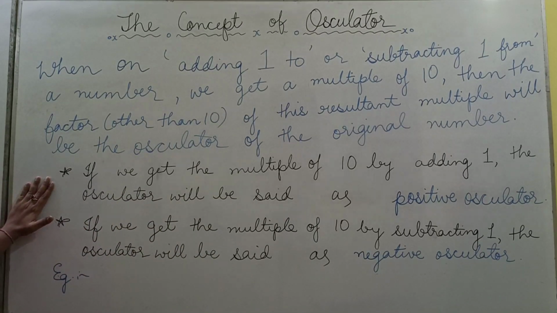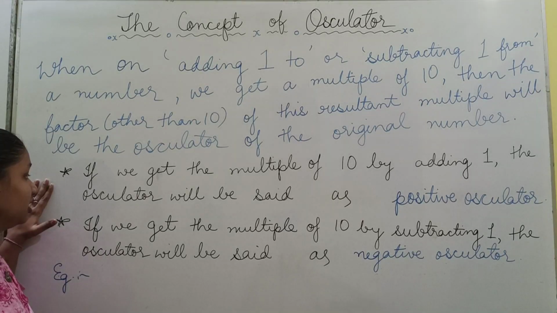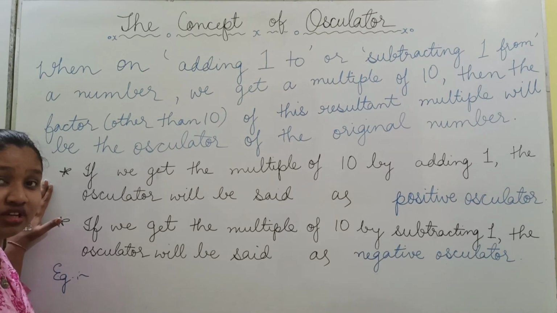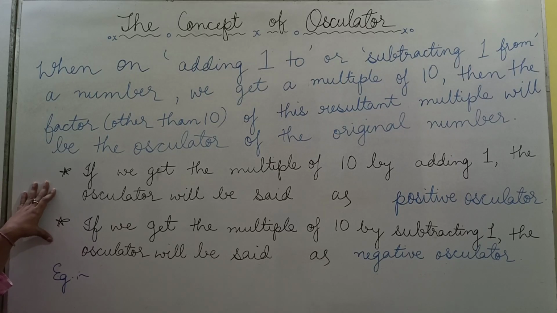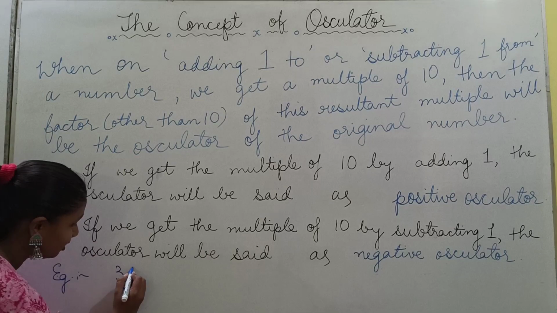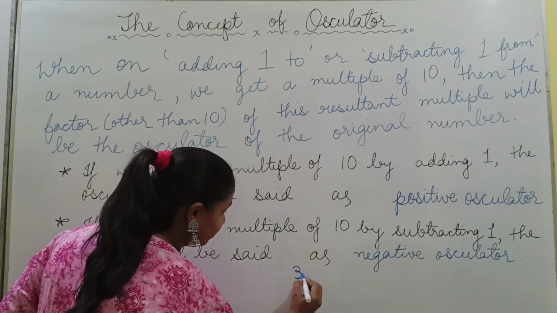If we get the multiple of 10 by adding 1 to the number, the osculator will be said as positive osculator, and if we get the multiple of 10 by subtracting 1 from the number, the osculator will be said as negative osculator. For example, let's take two numbers, 31 and 39.